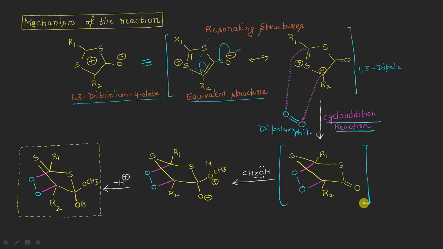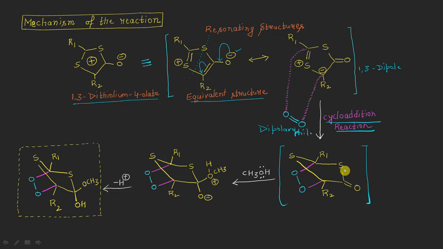And now, one important thing to understand here is that, as we were carrying out the elimination of simpler molecules such as carbon dioxide, isocyanates, as well as carbonyl sulfide, in this case such eliminations will not take place.